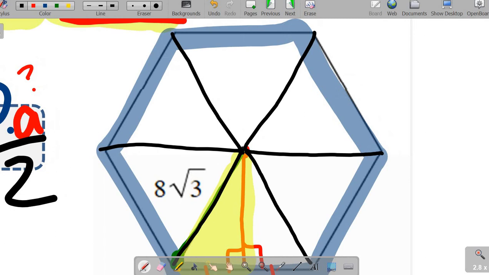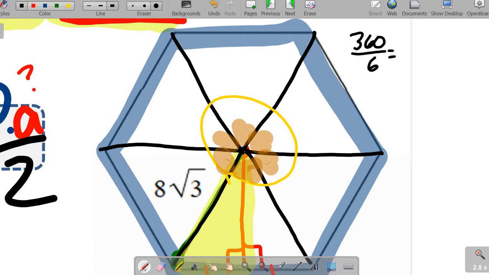Trace all the way around, and you see that we have basically 1, 2, 3, 4, 5, 6 pizza slices makes a circle. So that's 360 divided by 6, which of course is 60. That means all of these central angles are 60 degrees.